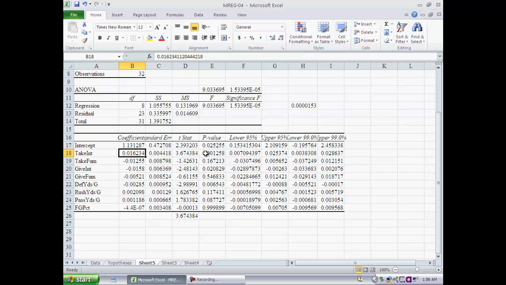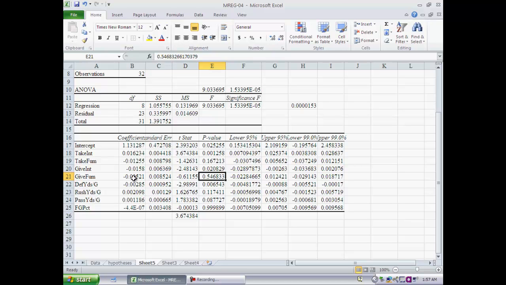Okay, now, so that's good for this particular independent variable. But if you look down at the p values of all the other independent variables, not all of them are doing as well. Take this one, fumbles given away. You can see the p value is 0.54. What does that mean? This would be, let's see, x1, x2, x3, x4. This is the fourth independent variable.